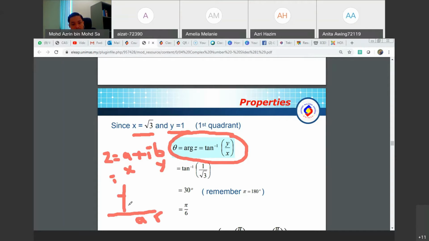So this is A and this is B. Remember the value of A and the value of B. So your x is square root 3 and your y is 1. Then after you use it you also get the same kind of value, 30 degree, and you have pi over 6.